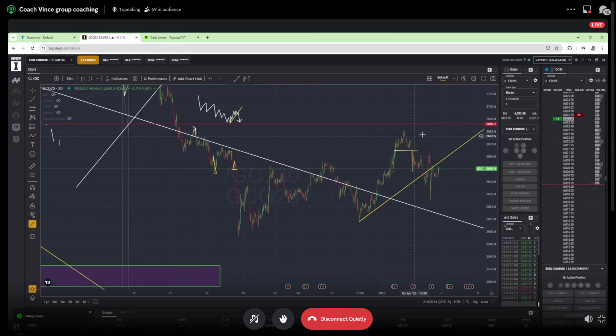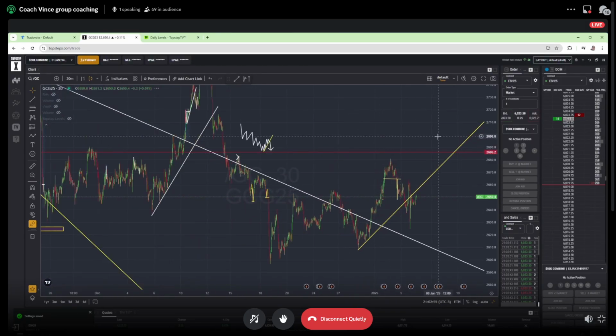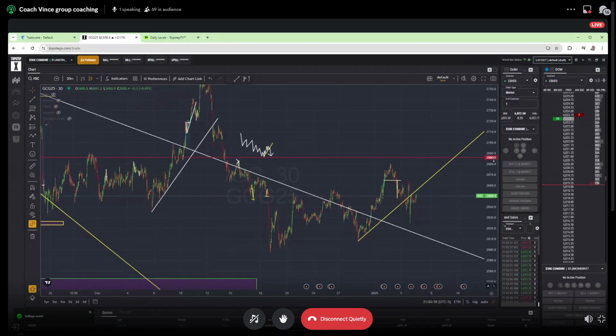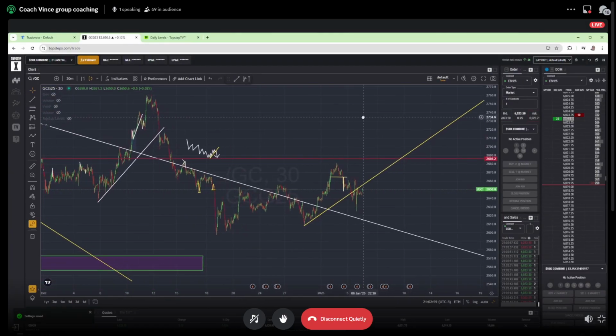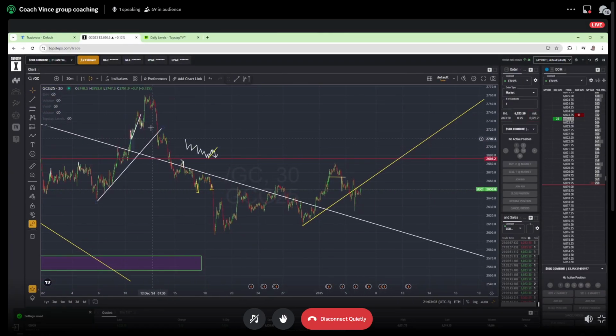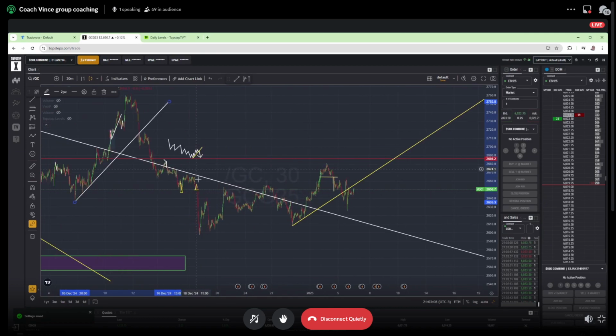The gold is a little bit messy. Okay, we had a reversal here. Actually, yeah, like a reversal there.